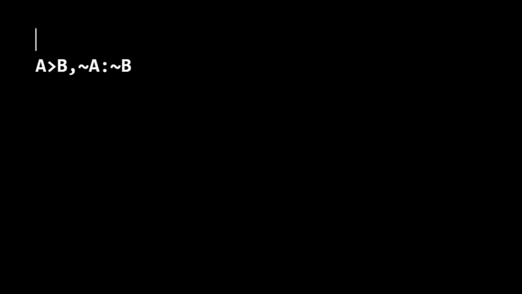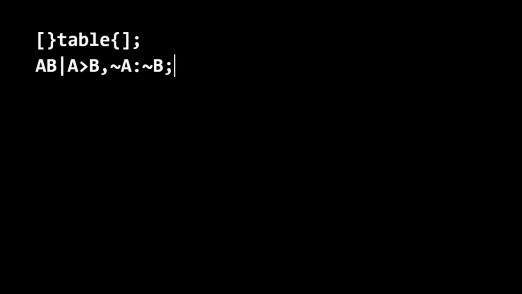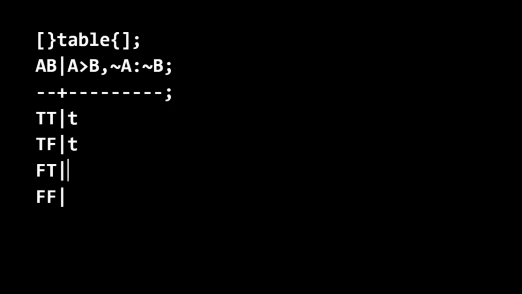Okay, so we're going to do a truth table here. And we have two variables. And so we have a setup that looks like this.